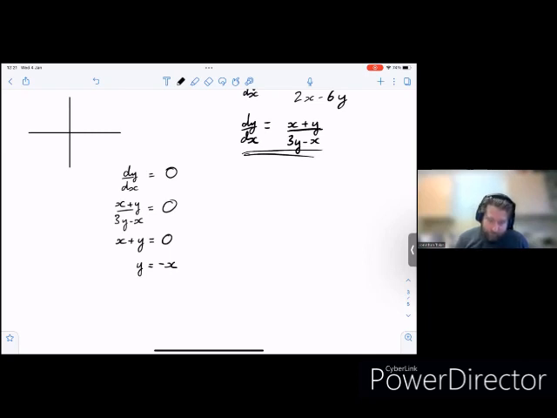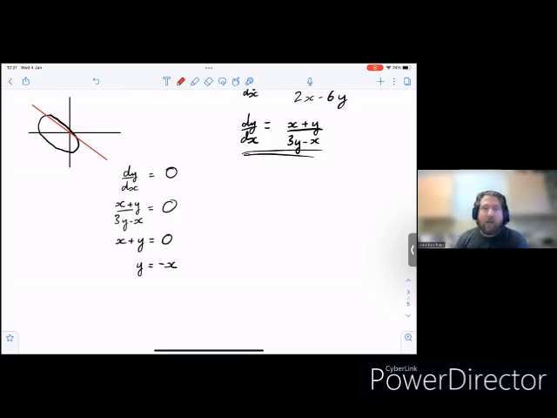So let's say our curve looks something like this. I don't know. What we found is that those stationary points, we haven't found the coordinates of them, but what we have found is that they lie on the line y equals minus x as well as on the curve.